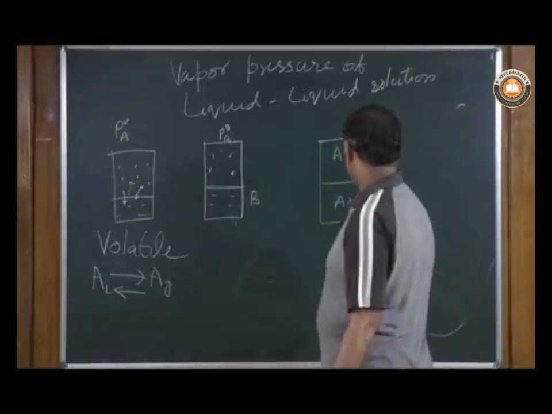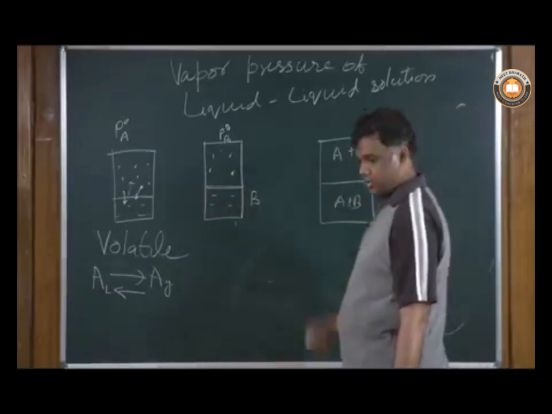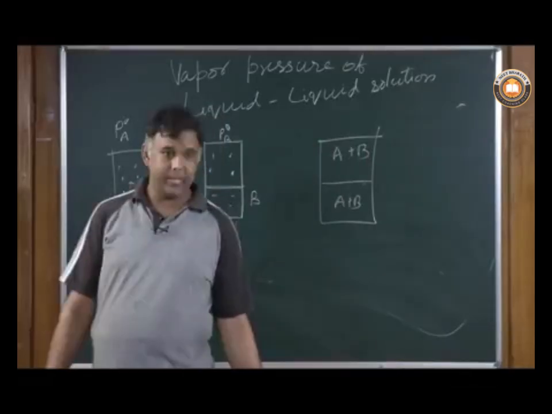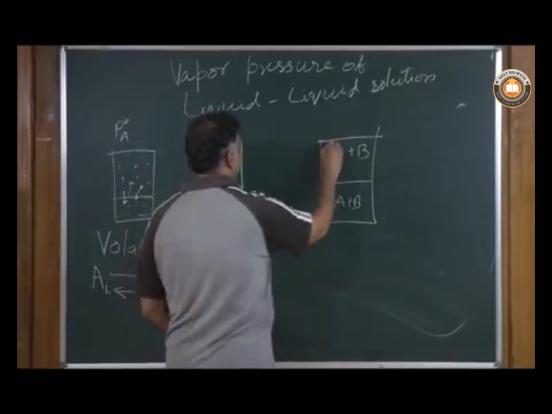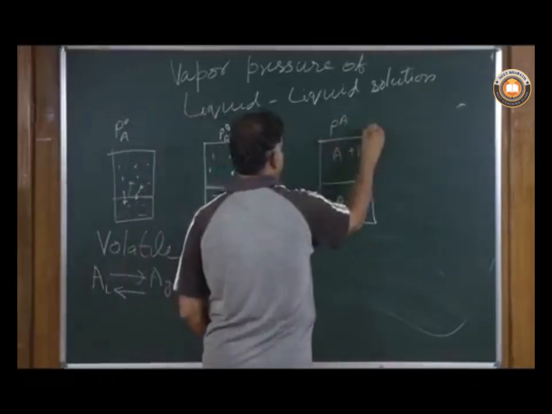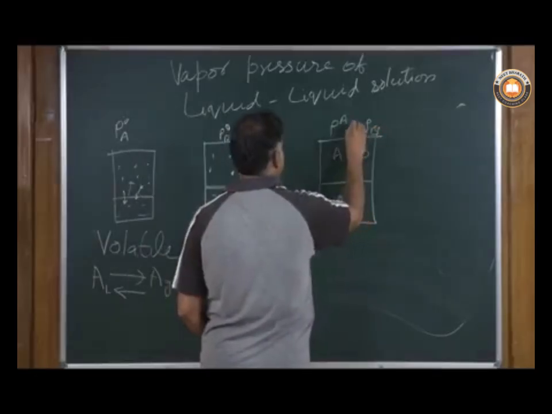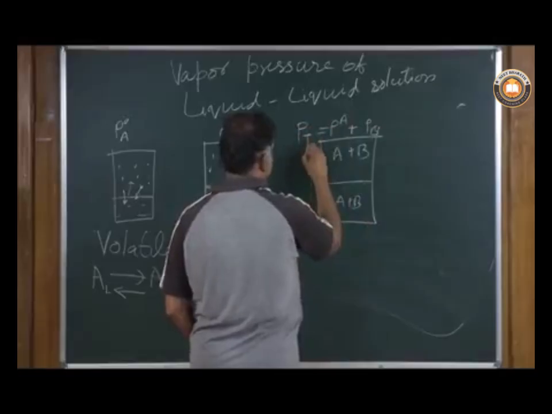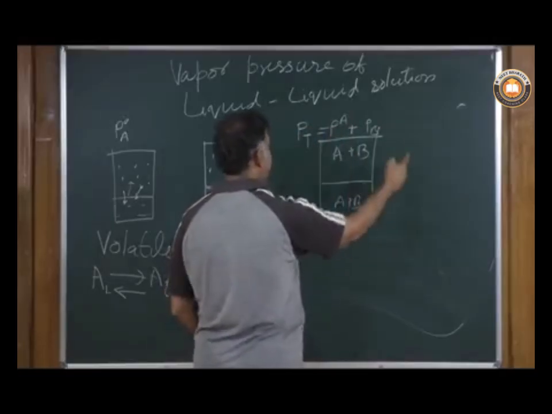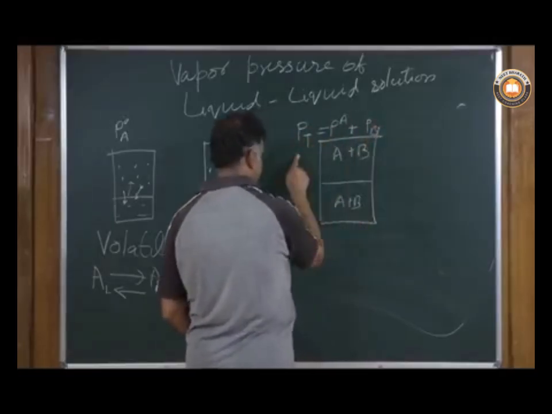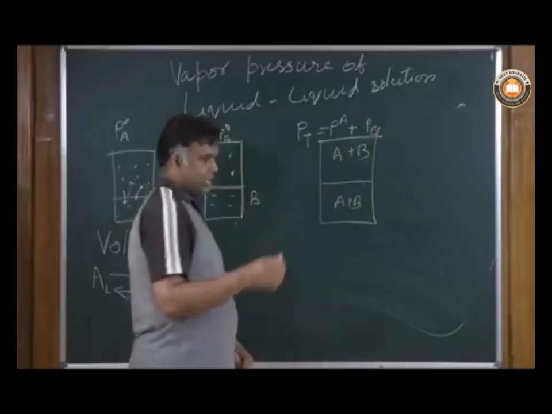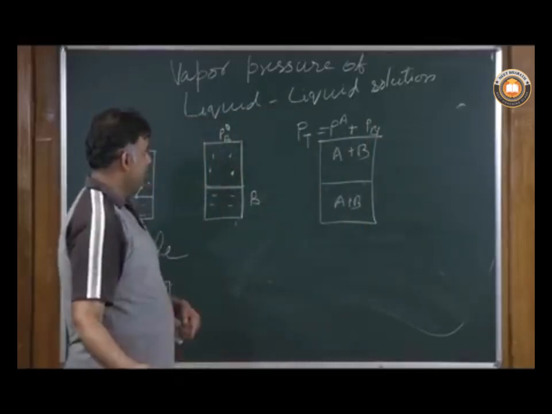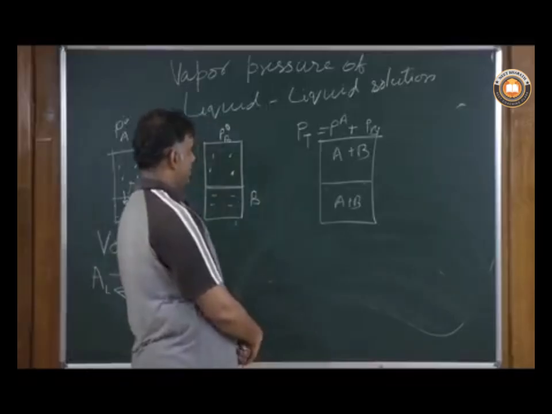And now, there should be some relationship between these: what is the pressure exerted by A, what is the pressure exerted by B, and what is the total pressure P T. So, this is the partial pressure due to A, partial pressure due to B, and this is the total pressure. That is how I can classify the gaseous phase.